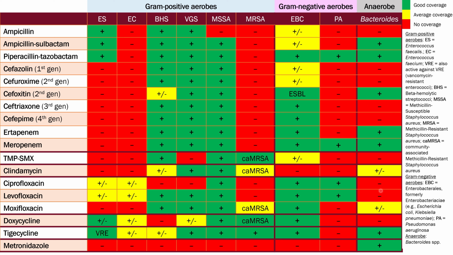Other fluoroquinolones don't have activity against Bacteroides. Early tetracyclines, so doxycycline, minocycline, and tetracycline itself, don't have activity against Bacteroides, but some of the newer tetracycline derivatives, such as tigecycline and eravacycline, have activity against Bacteroides.